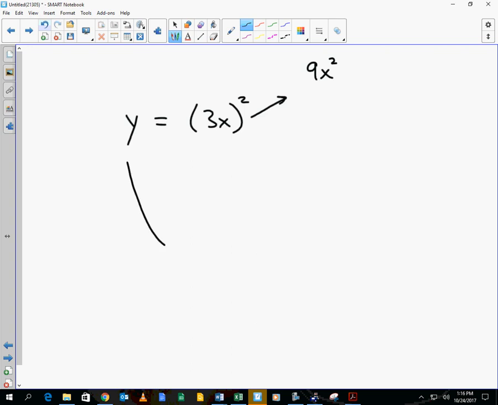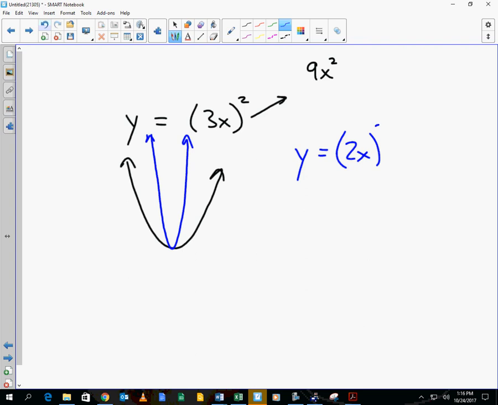If you take something and you stretch it vertically, isn't that like compressing it horizontally? See how those connect? It could really be anything. The square parabola is maybe the easiest thing to see, but we could say (2x) to the third.